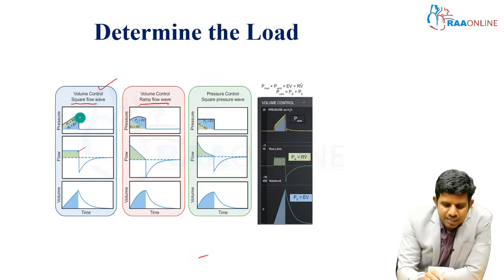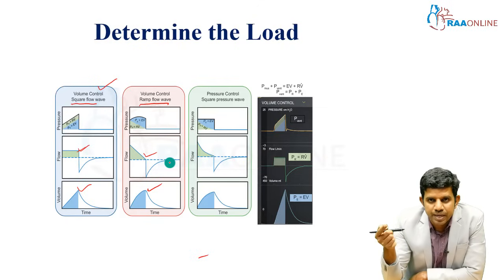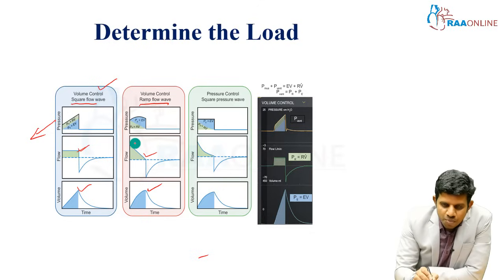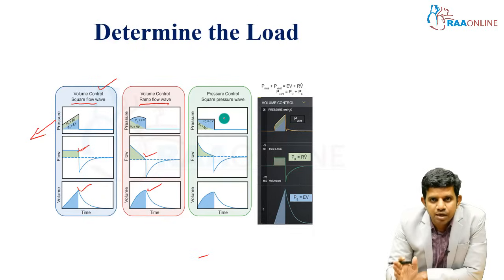So if I want to know the patient's resistance, compliance, or which is the highest load, the resistive load or the elastic load, in the volume control mode I have to see the changes in the pressure. So I have to see the pressure time scalar.